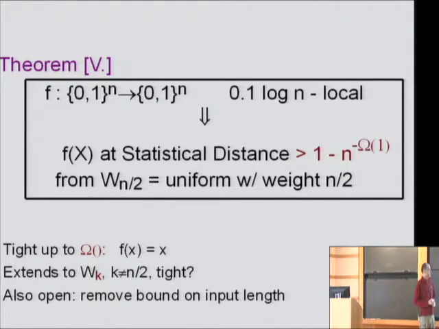This is one-local, obviously, and a standard bound on the binomial coefficients gives you a root n here. The bound also extends to W sub k, so sampling strings with different Hamming weights, and the tightness is an open problem, and I'm going to come back to that later. And one thing that's also open that's very annoying is to remove the bound on the input length, so prove this theorem without any bound on the input length.